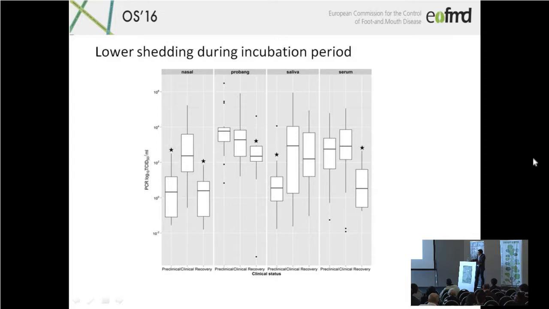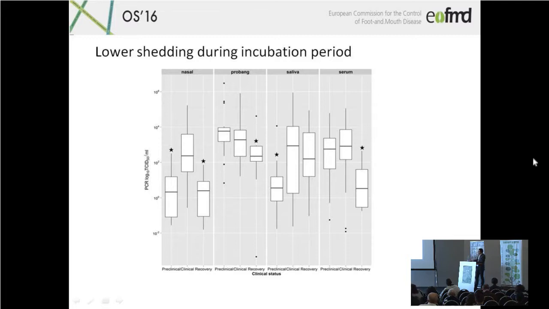In the first you will see here the clinical phase, and this is once the animal starts recovering, early recovery. And what you can see is already there is way lower shedding in the subclinical phase. This might have a relationship with the probabilities of transmission. We see more shedding in the clinical phase, and that's the moment where we see that more transmission is going on.